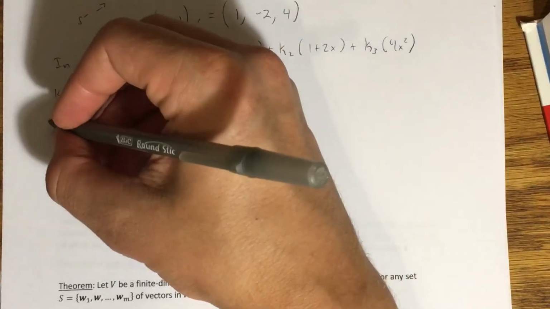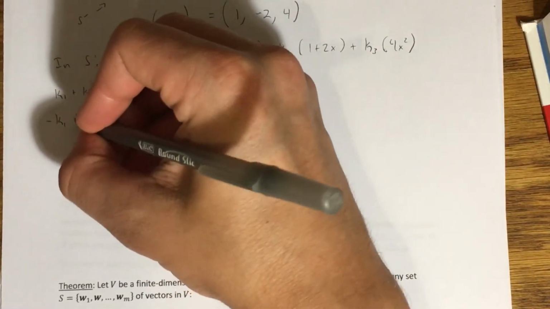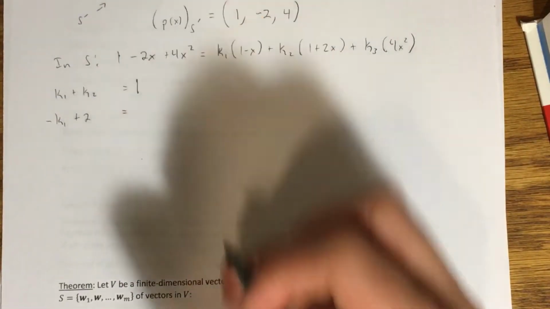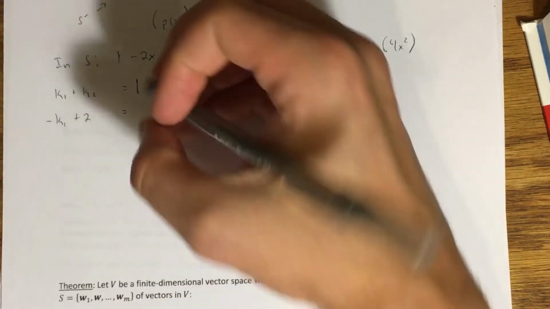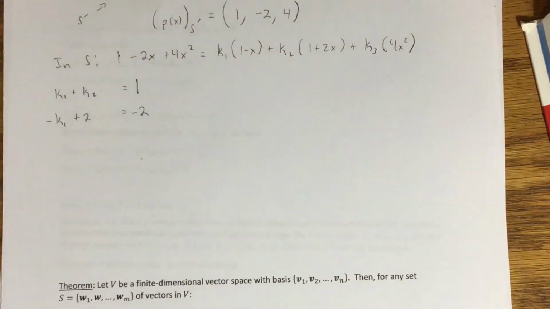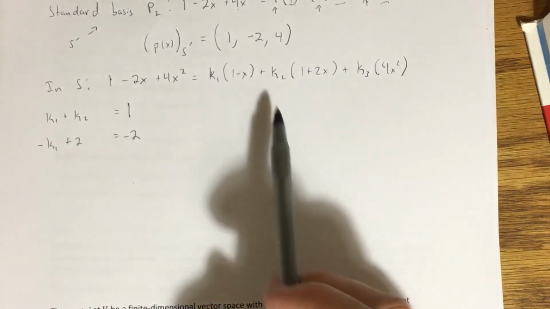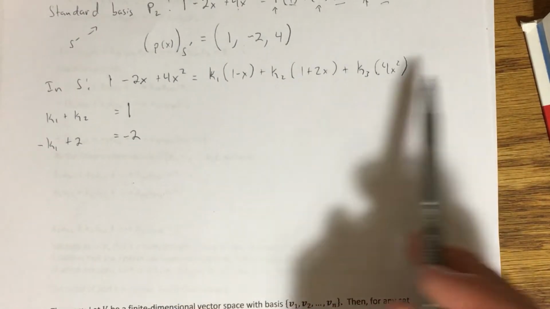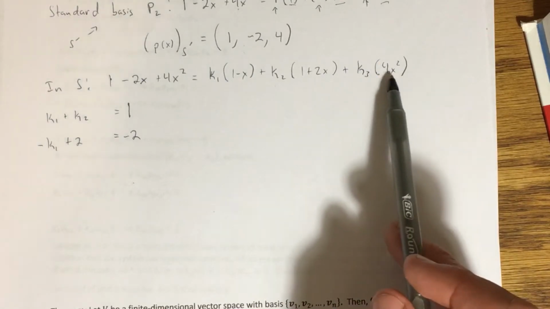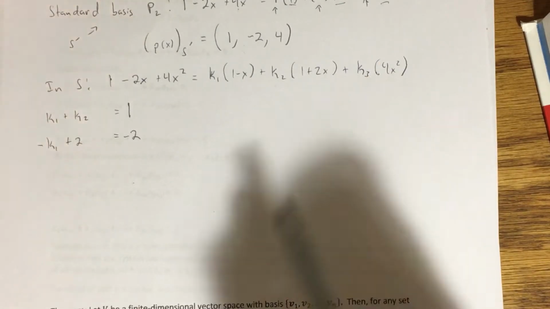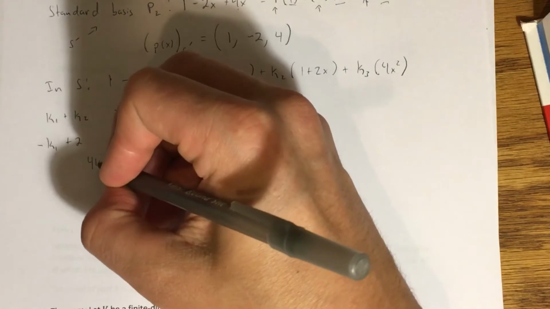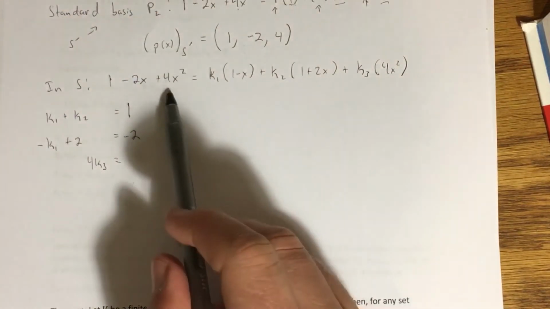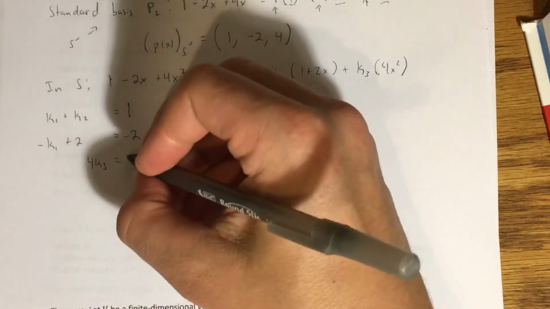So that's going to look like negative k1 plus 2k2 equals the linear coefficient -2. And then for my quadratic coefficients, there are no quadratic terms in either of these first two cases, so the only coefficient I get is the 4k3. So 4 times k3 equals the coefficient here, which is also a 4.